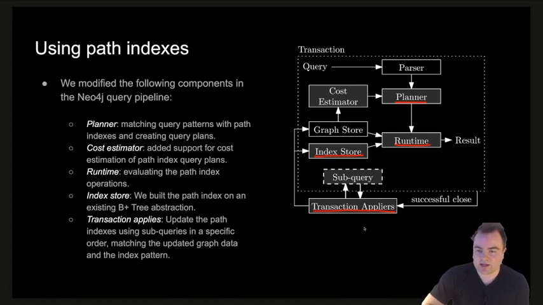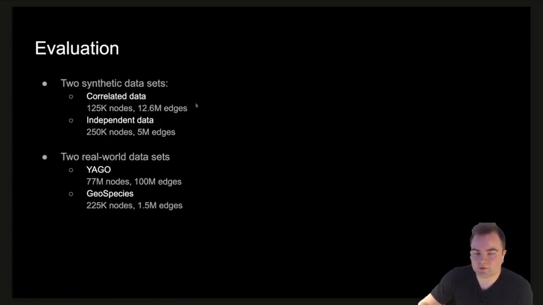For that, we needed to work on the transactional engine in Neo4j in order to support the maintenance of path indexes. For the evaluation, we used two synthetic data sets, the ones that we generated, and two real-world data sets, Yago and Geospecies.